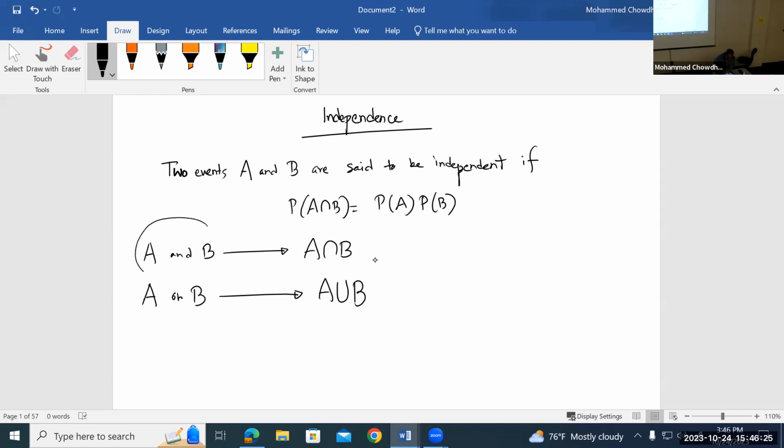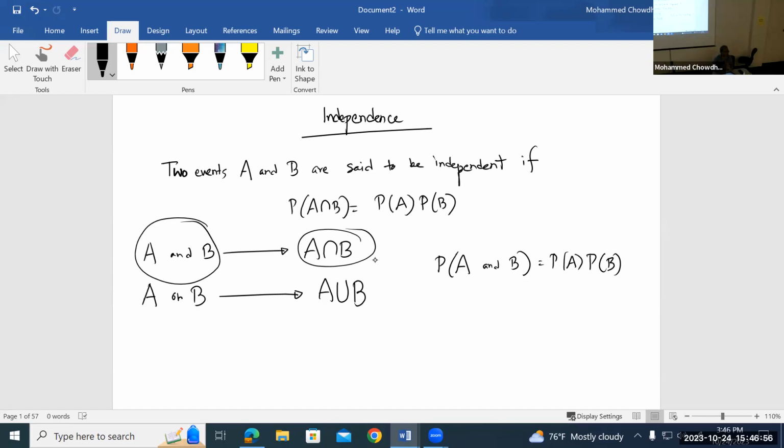You can write it either way. For example, I can write probability of A and B equals probability of A times probability of B. Clear, right? This is what it means for two events A and B to be independent.